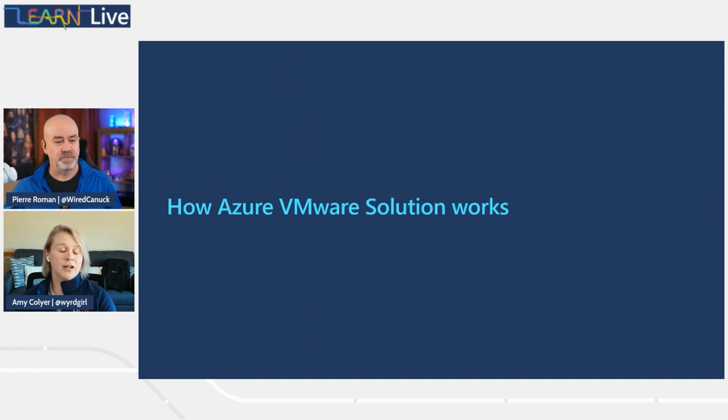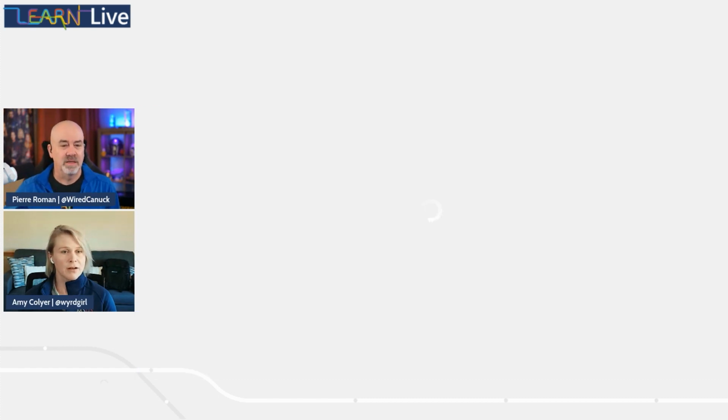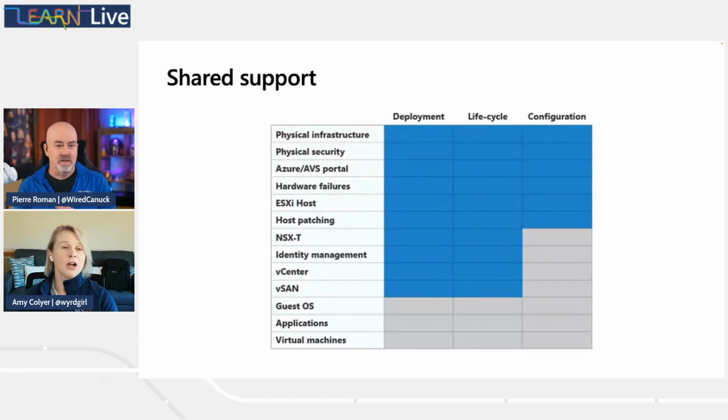Sure. Okay, so how Azure VMware Solution actually works. As we mentioned earlier, it's that shared support model, that pizza box we were talking about, the take and bake versus making your own. So Microsoft handles the configuration of the physical infrastructure. We handle physical security, monitoring the data centers, and also any hardware failures.